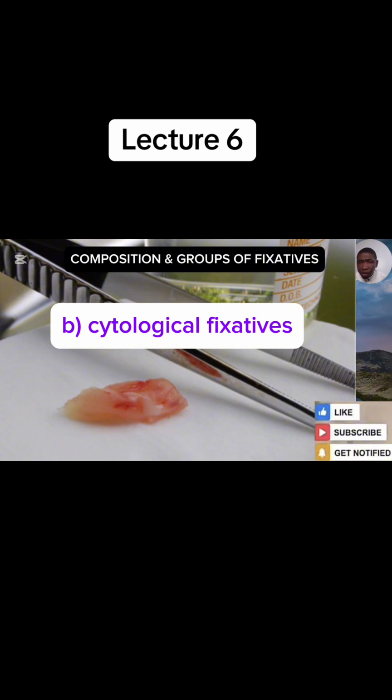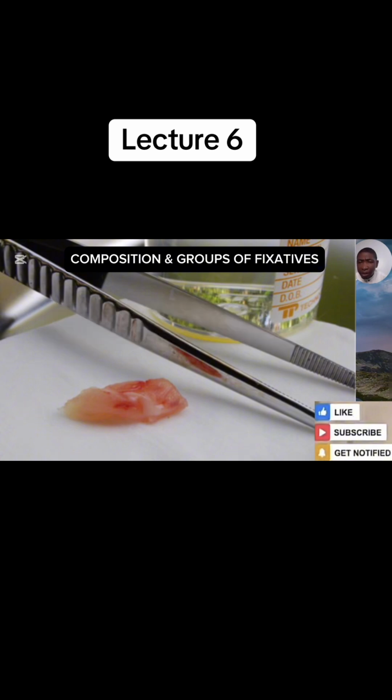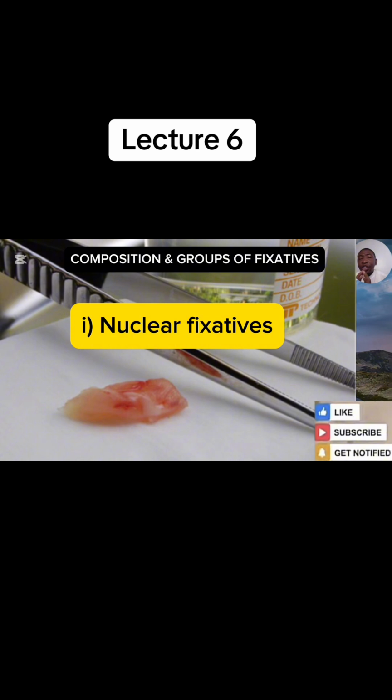Cytological fixatives preserve specific parts and particular microscopic elements of the cell. These cytological fixatives can either be nuclear fixatives that preserve nuclear structures like chromosomes.